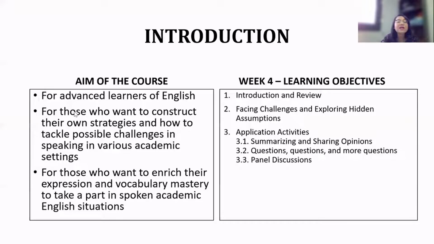But for now, we are going to find out any possible challenges and any hidden assumptions that we may encounter when participating in small group setting 1, right? And this is very important so that we can be more aware of the occurrence of any challenges and any unseen assumptions in small group settings.